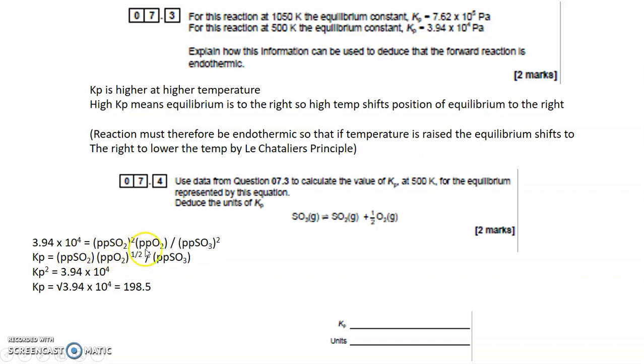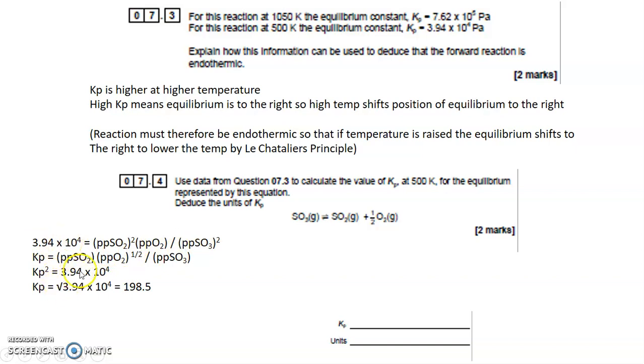Partial pressure to the half squared becomes partial pressure of O2. Partial pressure SO3 becomes squared. So if I square everything here, it becomes this above it. So my new Kp squared equals this, which equals 3.94 times 10 to the power 4.